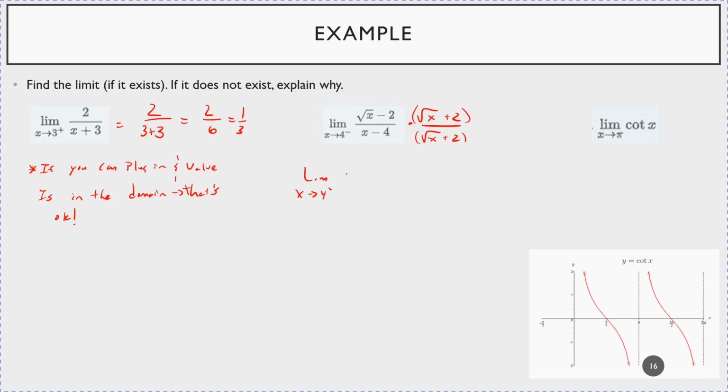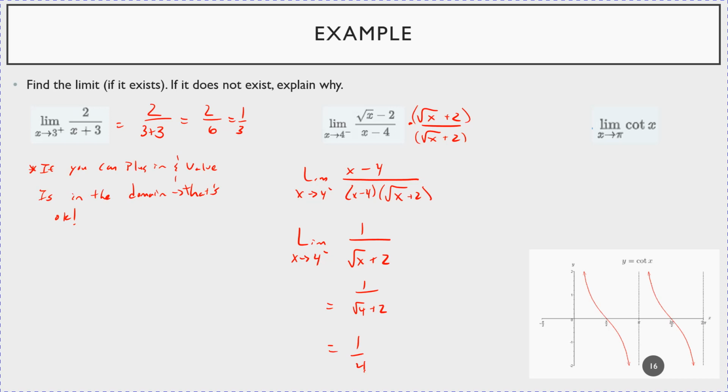Square root of x times square root of x gets me x. Minus 2 times 2 gets me minus 4, all over x minus 4. The x minus 4 cancels out. Now you can just plug 4 straight in, so this becomes 1 over the square root of 4 plus 2, which gets me 1/4, because the square root of 4 is 2, plus 2 gets me 4.